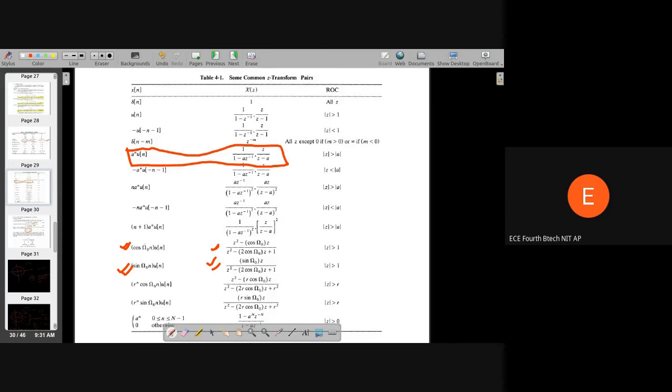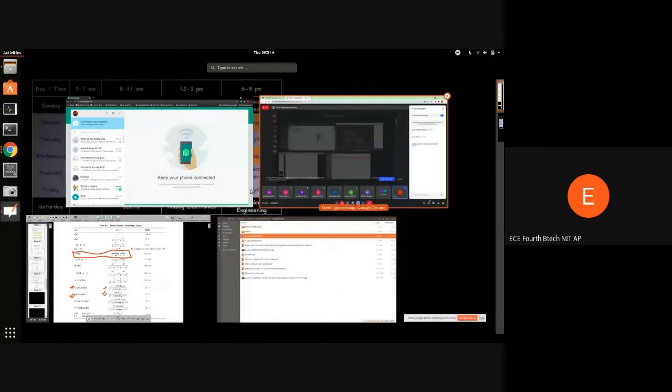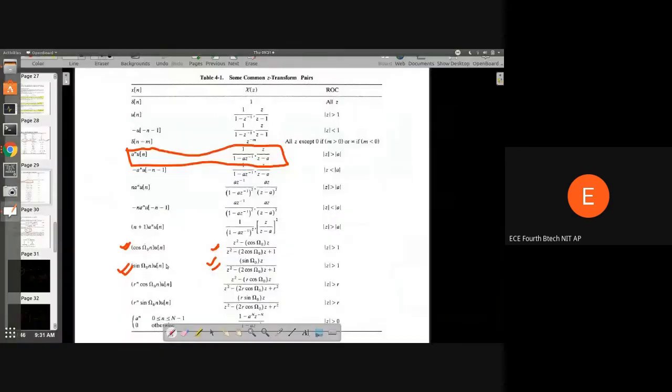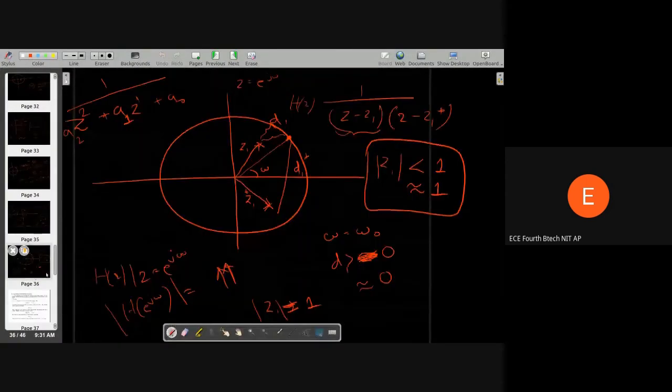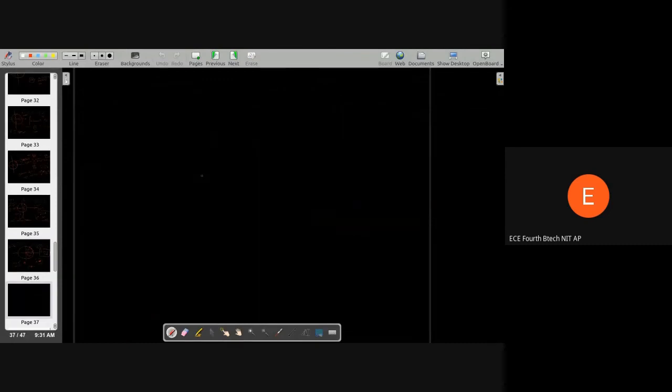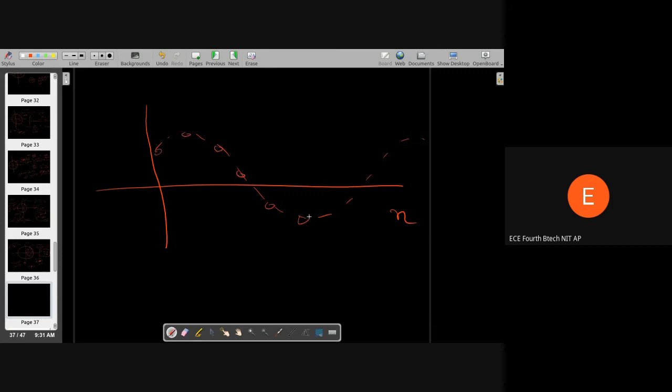So what is a resonator? What the resonators are giving, in the time domain, where n is your index, in discrete time, is some form of sinusoidal waveform.